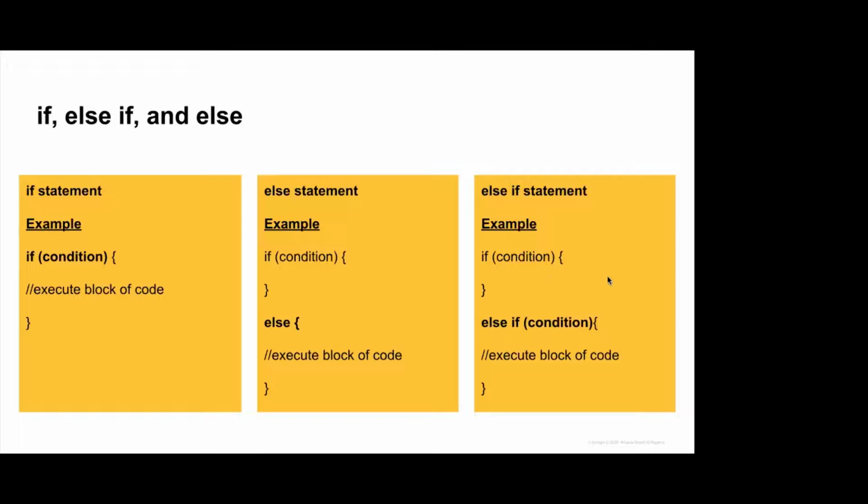If it's false, then we check another condition. If the second condition is true, then we execute the block of code. If the second condition is false, then just jump out of this else if statement. So basically all of those conditional statements are the same: just check the condition, then do or not do the body part of the code.